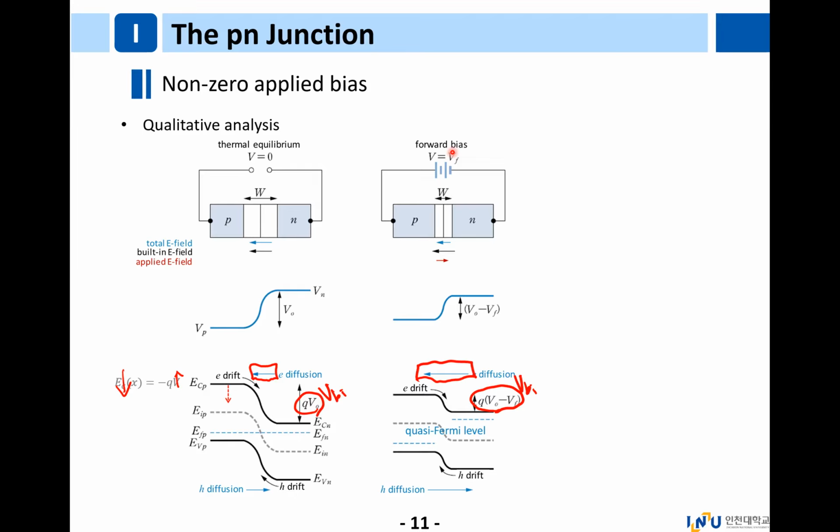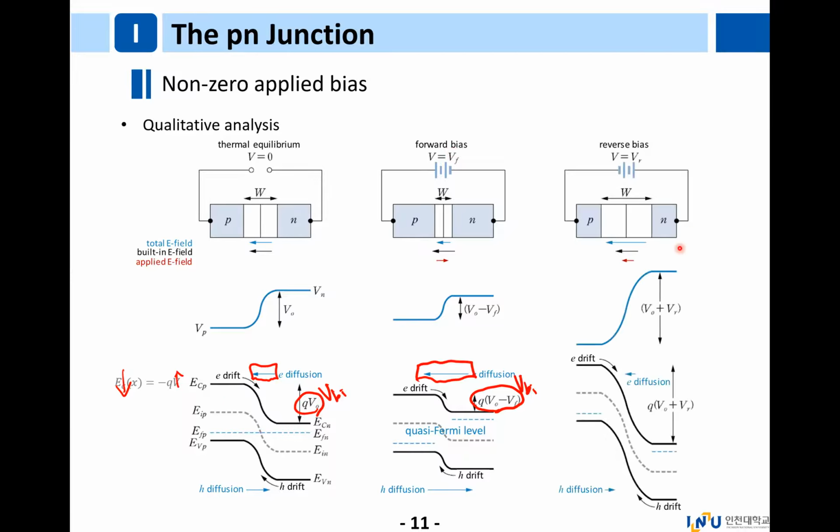Next, let's consider the opposite scenario. Let's apply a negative voltage to the p-type region relative to the n-type region, known as reverse bias.